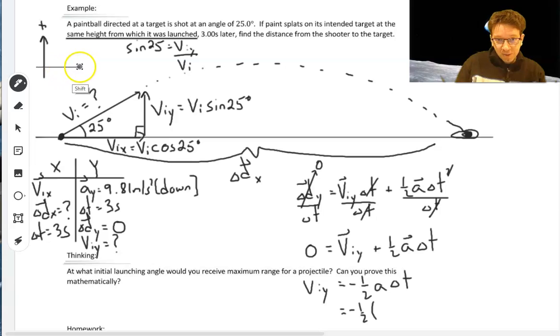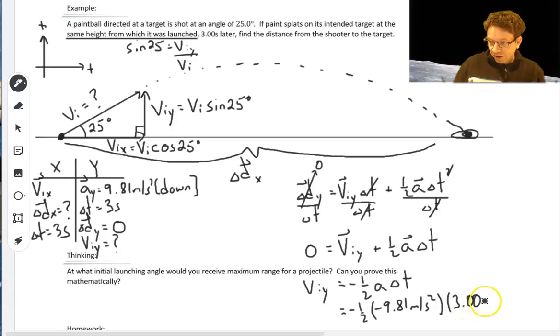And we can also make right positive. So that means I need to make this negative 9.8 meters per second squared times time, which we know is 3 seconds. And that gives us an initial velocity in y to be 14.7.